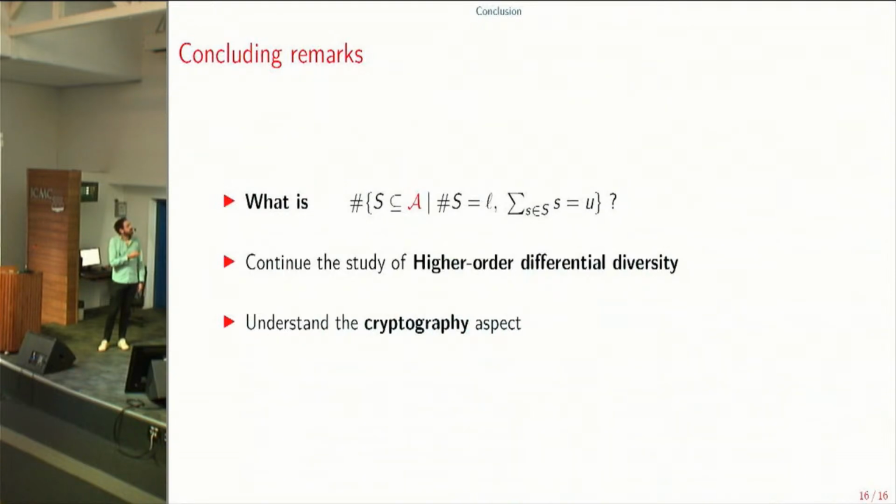The question we can ask is, can we have higher order differential diversity? Can we have the same kind of result when you look at second, third order differentials? Understanding the cryptography implications, all of those is also something that's interesting and I think would be worth looking at.